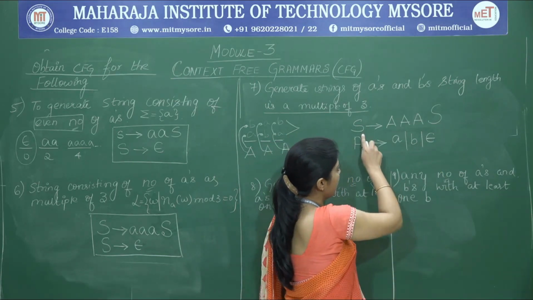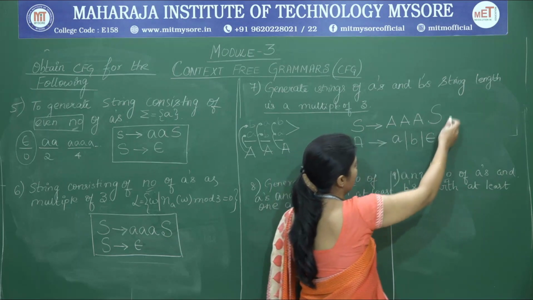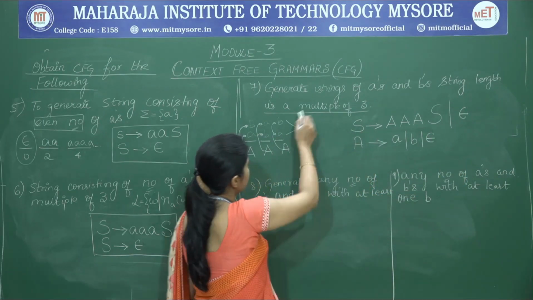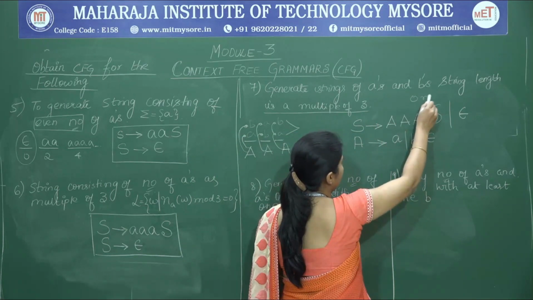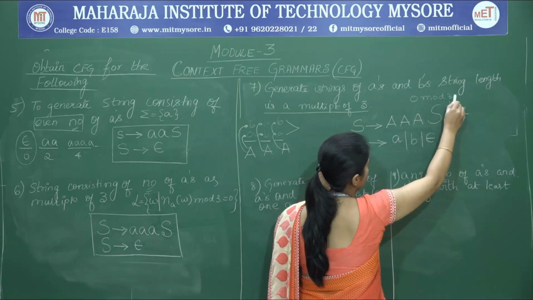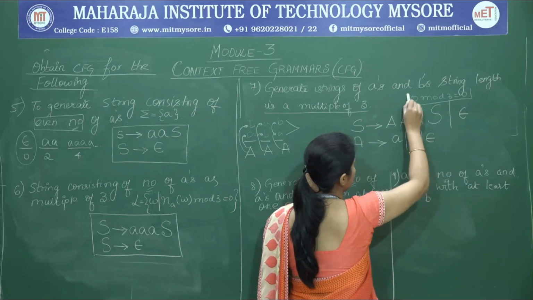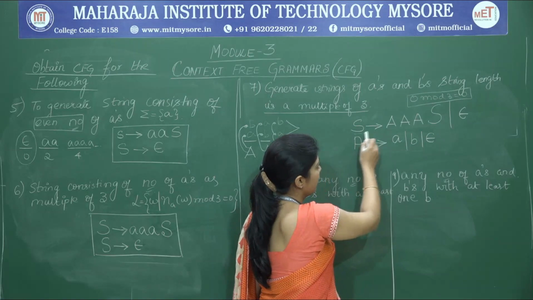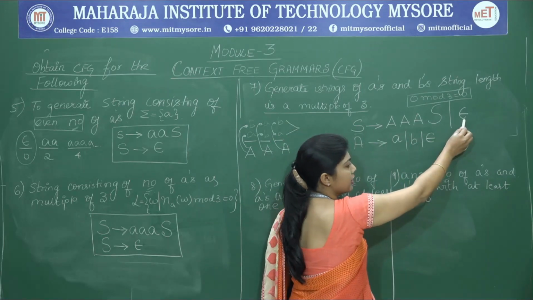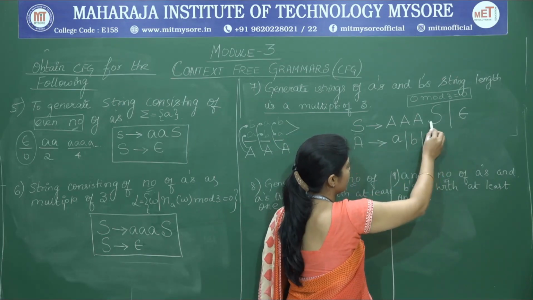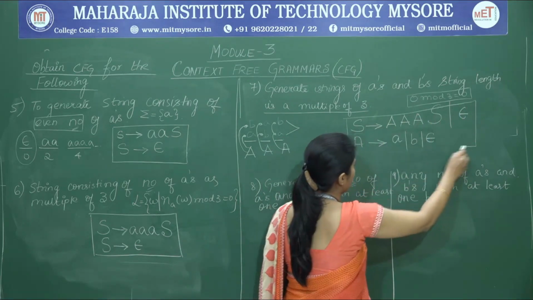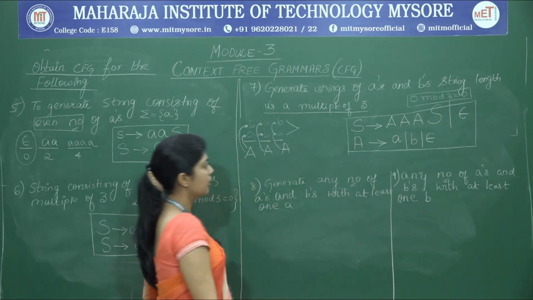Also the same S could also be an epsilon because 0 mod 3 is equal to 0. When we say 0 mod 3 is equal to 0, so at the beginning itself we should be able to generate this epsilon. Okay. So this is how we write the grammatical rule for the string length is a multiple of 3.